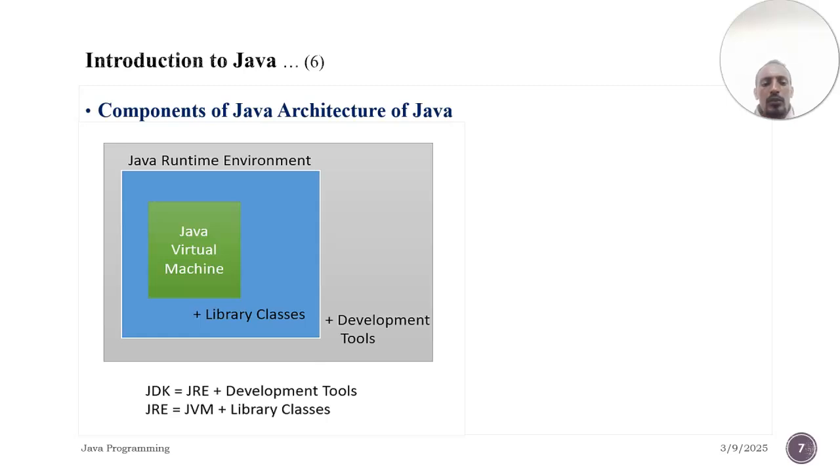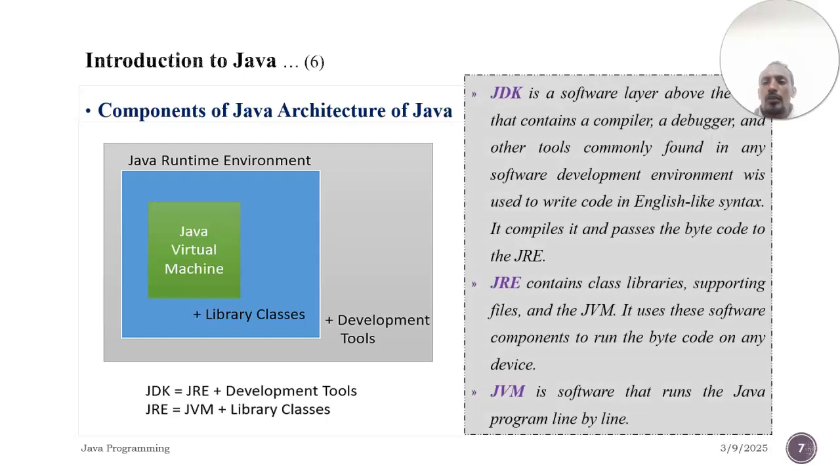When we come to each specific part, the JDK, Java Development Kit, is a combination of the Java runtime environment and the development tools. The JRE, the Java runtime environment, is a combination of the Java virtual machine and the library classes. Due to these parts, we are going to develop a strong Java program.